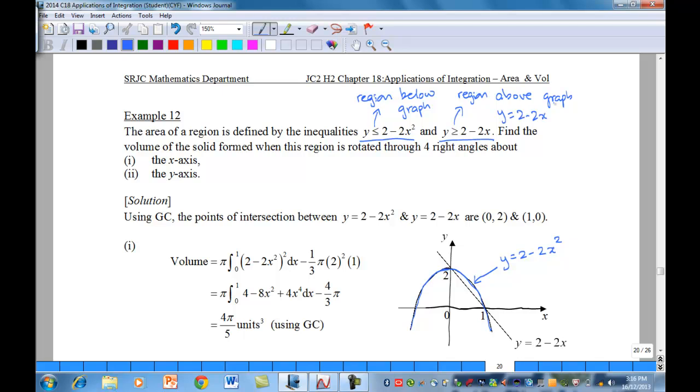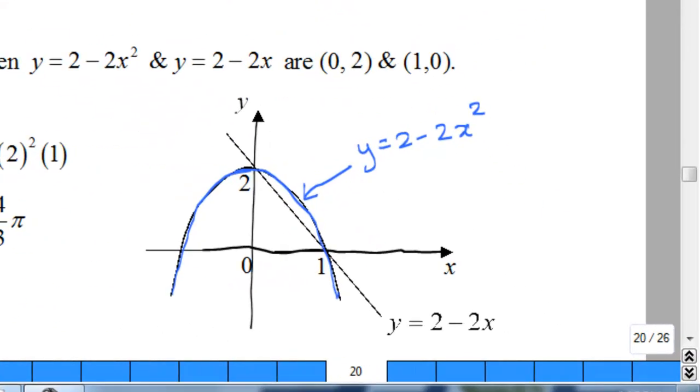With this understanding, let's find the volume formed when the region is rotated through 4 right angles about the x-axis. When we consider the requirement of these two inequalities, we will understand that it has to be above the straight line graph and yet below the curve. So it must be this region that I've shaded in blue.